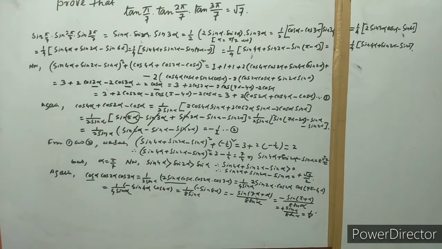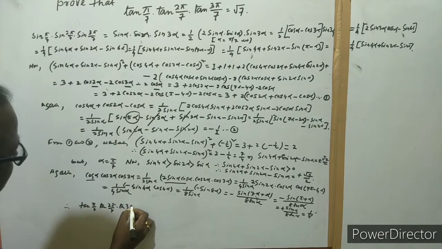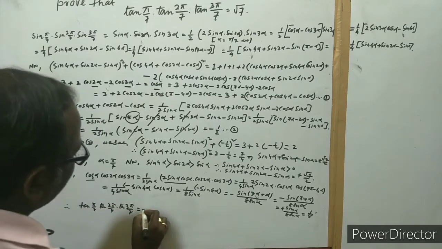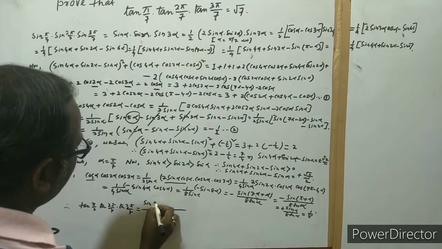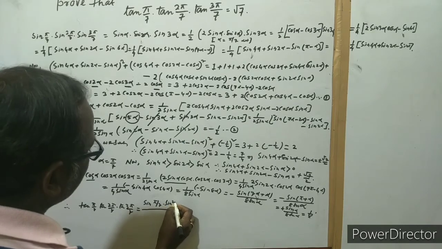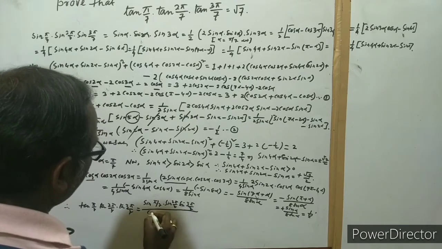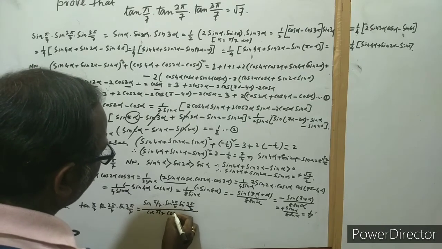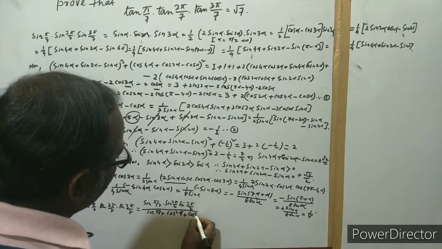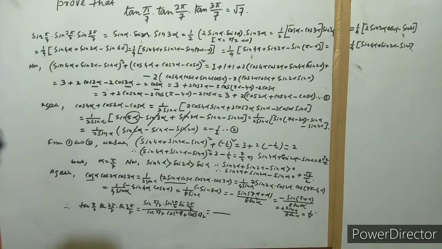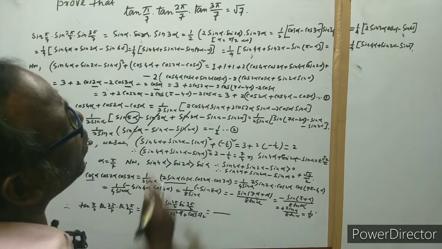Okay, and therefore tan pi by 7, tan 2 pi by 7, tan 3 pi by 7, and this is here sin pi by 7, sin 2 pi by 7, sin 3 pi by 7, and that is the value, and therefore this is root 7 by 2.